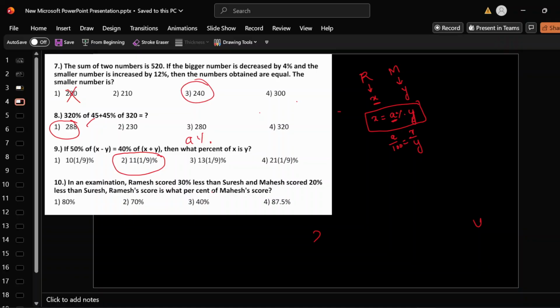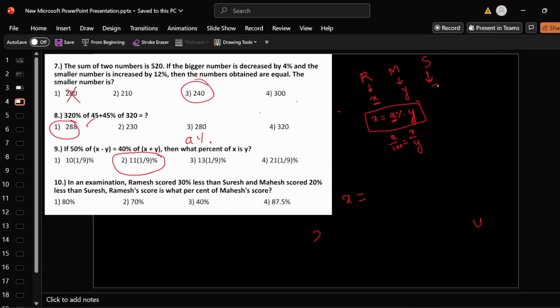In the examination, Ramesh scored 30% less than Suresh. Ramesh's marks is X. Mahesh's marks is Y. Here we also have Suresh.